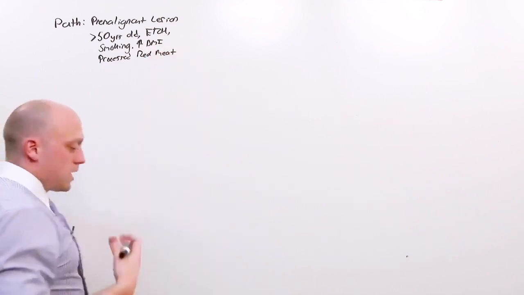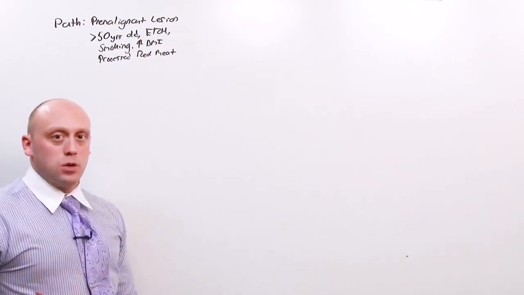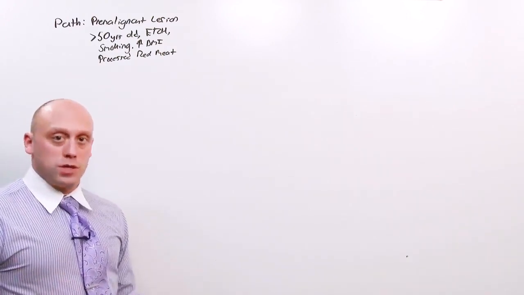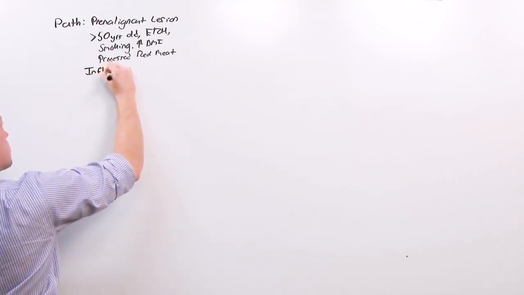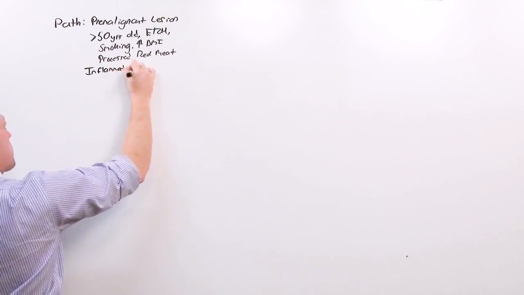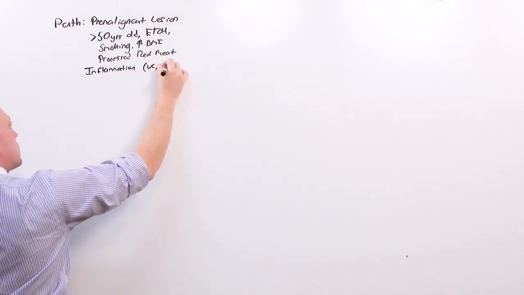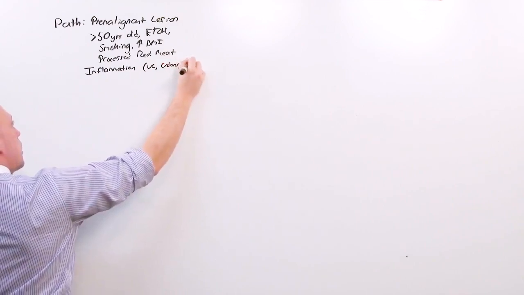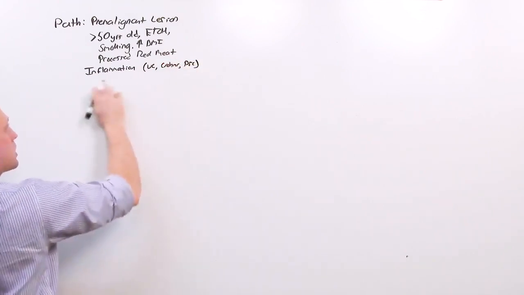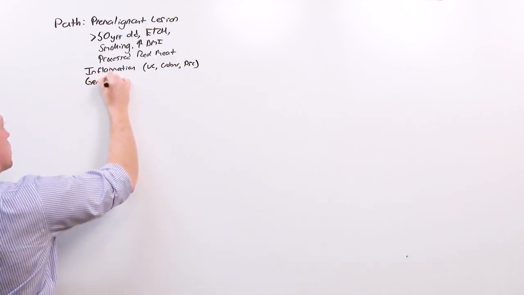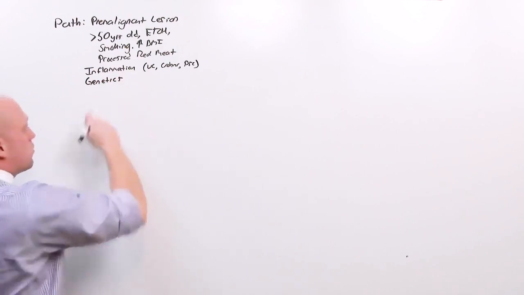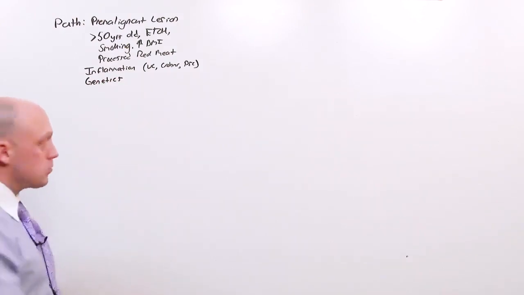But there's another way that cancer can develop in the colon, and that's through increased inflammation. So if you see someone who has an inflammatory disorder, like ulcerative colitis, Crohn's, or primary sclerosing cholangitis, these people need increased surveillance. And, of course, genetics. We're talking about the familial syndromes here. We'll talk about the familial syndromes at the very end.